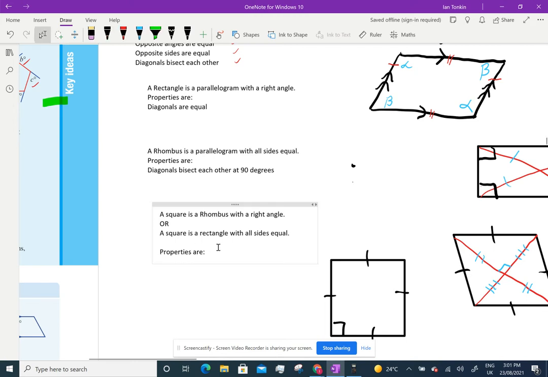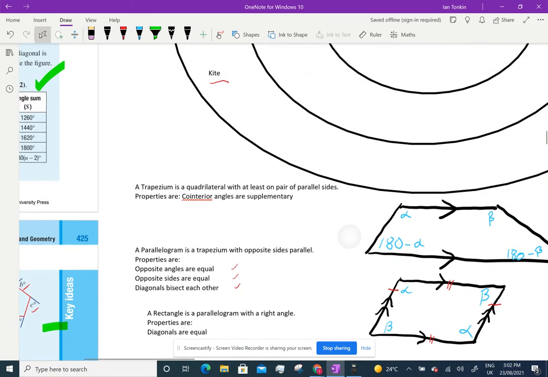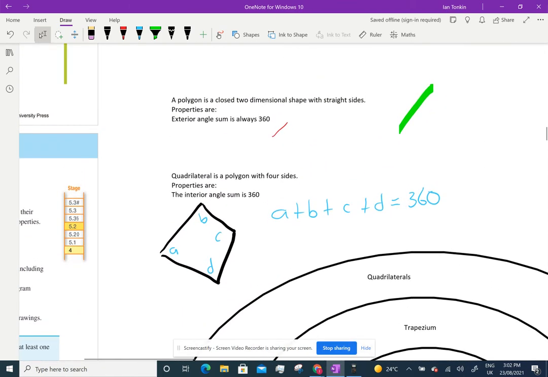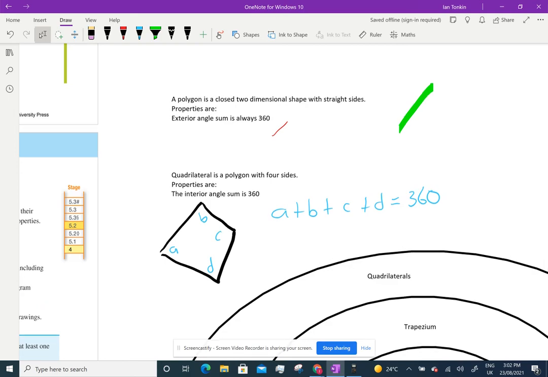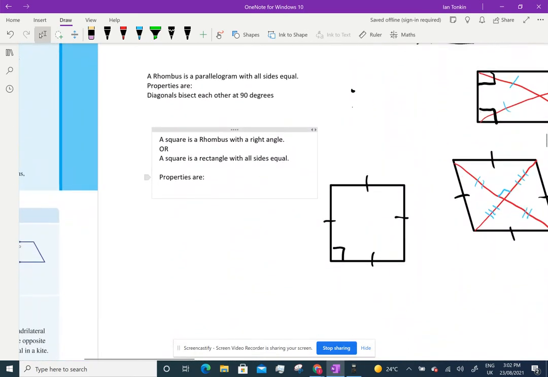Well, what extra properties does it have? Well, it has all the properties of a rhombus, all the properties of a rectangle, and all the properties of a parallelogram, and all the properties of a trapezium, and all the properties of a quadrilateral, and all the properties of a polygon. It has them all. A square has everything.